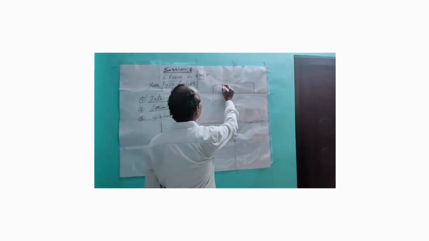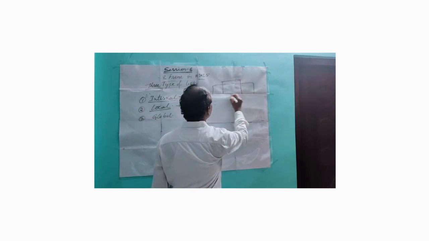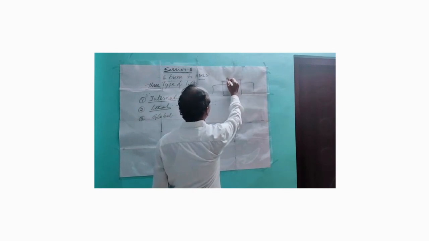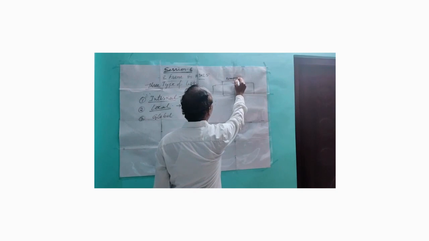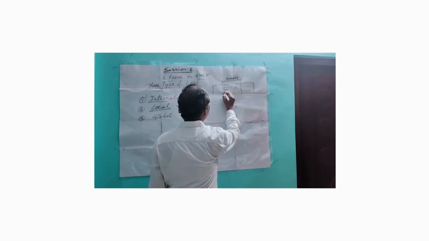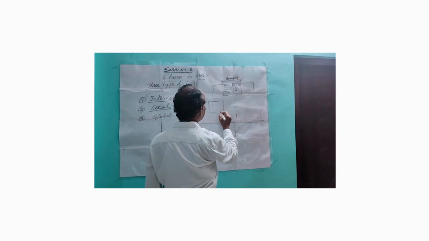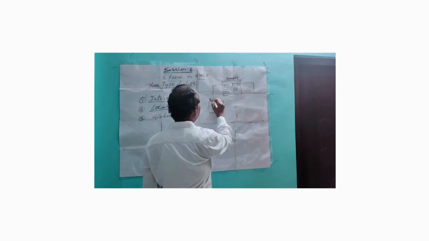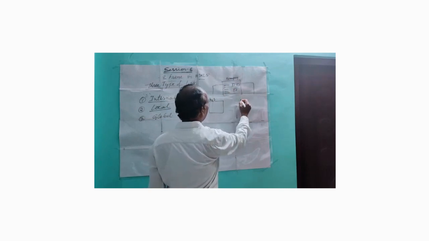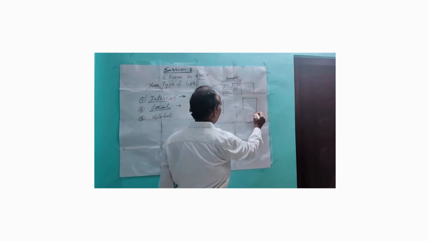For example, this is your home page. On the home page, 3-4 links are there, either text or graphics. If you click it here, one new page will open, say page 1. If you click it here, another web page will open.